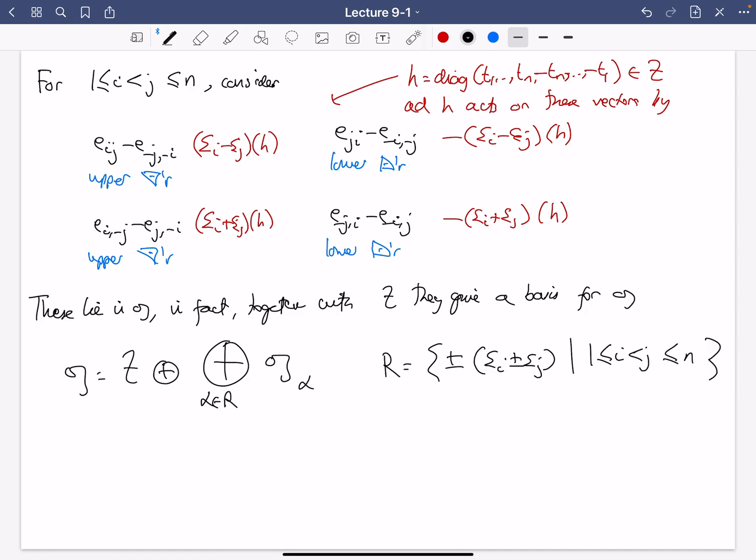Exactly what I wrote down. And these are all actually non-zero. Because these are all non-zero, there's no bigger zero weight space than T. So this shows that T is maximal toral. And we found the root system.